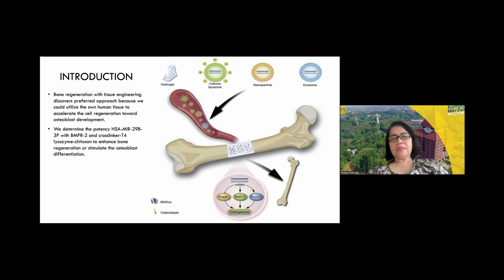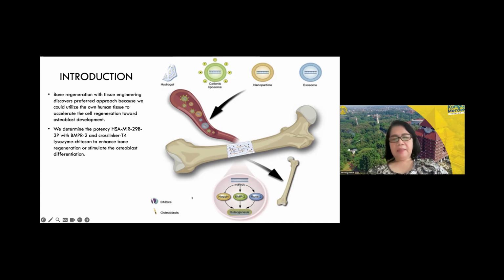As you can see here, the figure shows that for good regeneration of the bone, we need biomaterials like hydrogel, cationic liposome, nanoparticle, and lastly, we also need the growth factor that consists of the exosome.